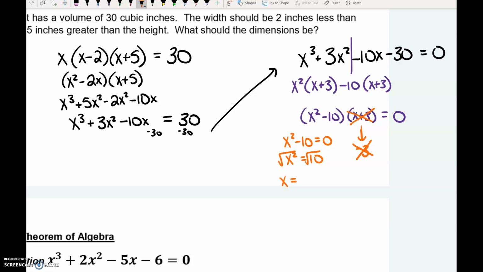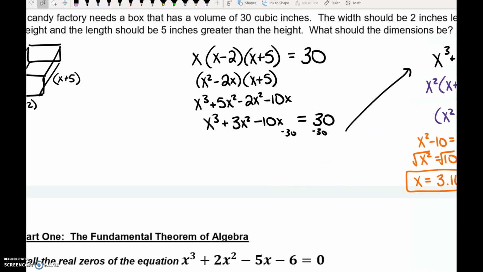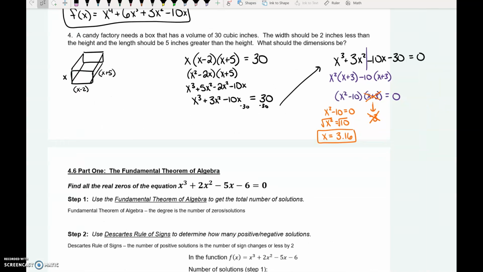That would be a negative number and we can't have a negative dimension, so no. We're just looking at the square root of 10, which is about 3.16. So the only solution here that's a positive number is approximately 3.16. So this particular box needs to have the dimensions 3.16 inches tall, 2 inches less than that for the width, and 5 inches more than that for the length.